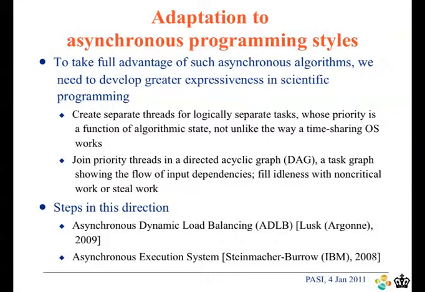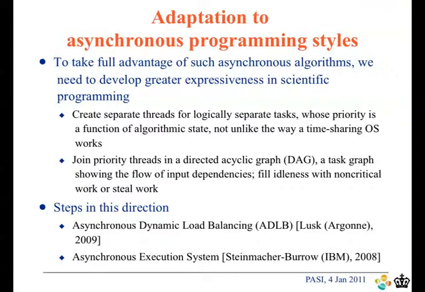So, adaptation to asynchronous programming styles, taking fuller advantage of asynchronous algorithms. We need to develop greater expressiveness, creating separate threads for logically separate tasks whose priority is a time-varying function of algorithmic state, joining priority threads in a directed acyclic graph. When everything's available, then the next node fires, and so forth.